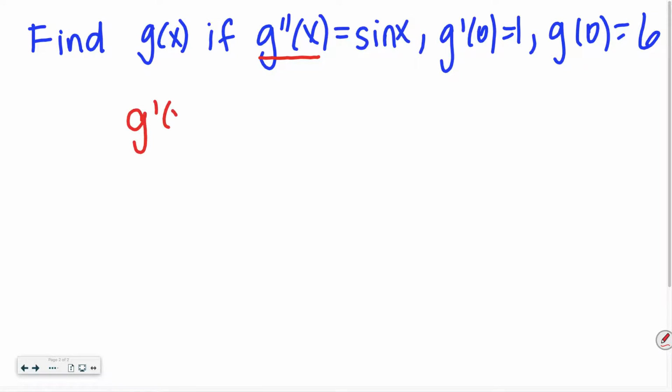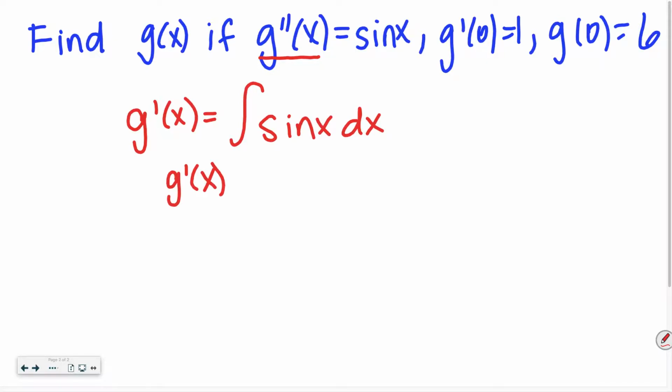So g prime of x would be the antiderivative of sine of x dx. Maddie, what is the antiderivative of sine? Good. Negative cosine of x plus c.